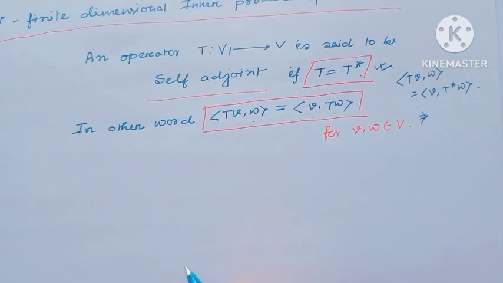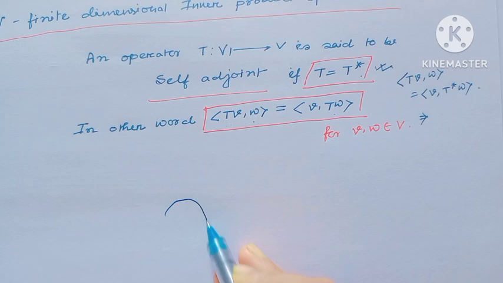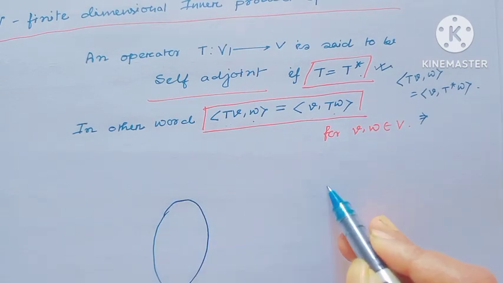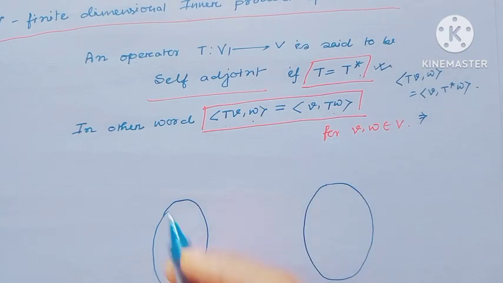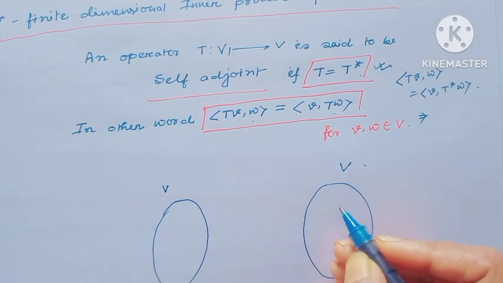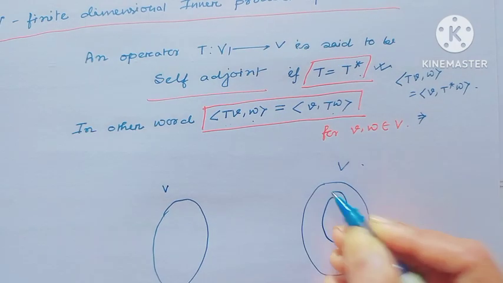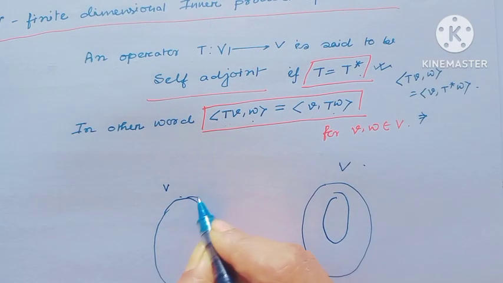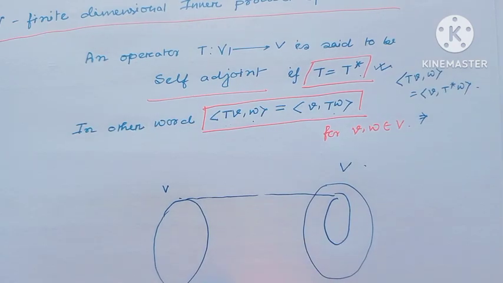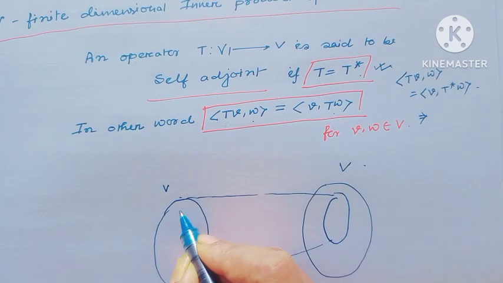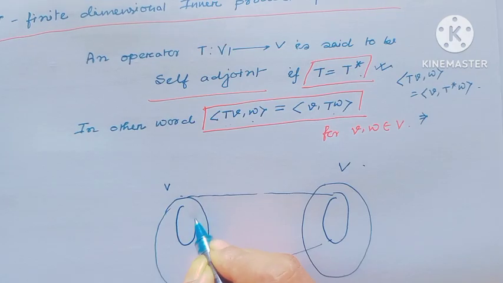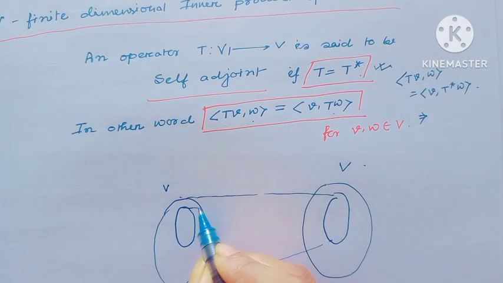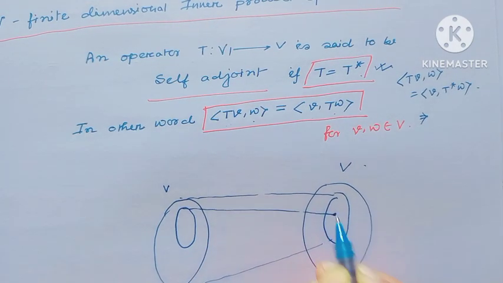Let's see the picture. Consider a transformation T from the vector space V to V. Here is the range of T, and this is the null space of T, which maps to only the 0 vector.